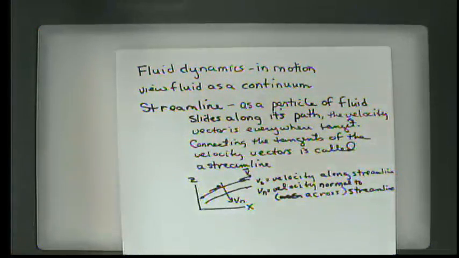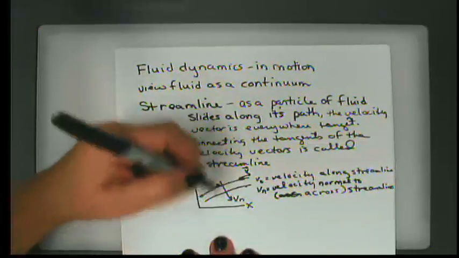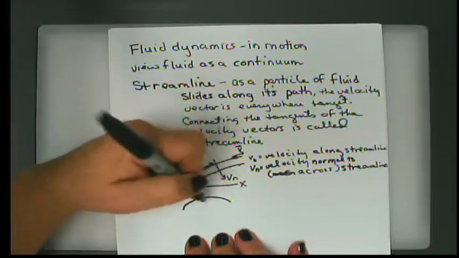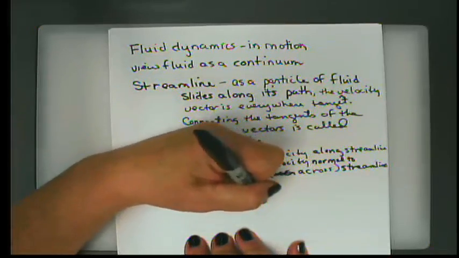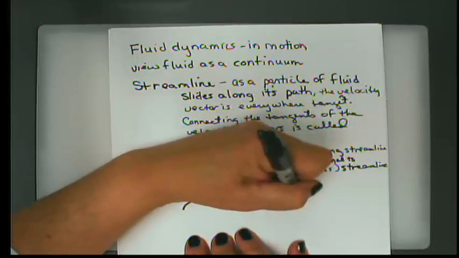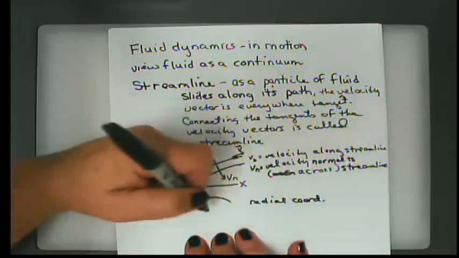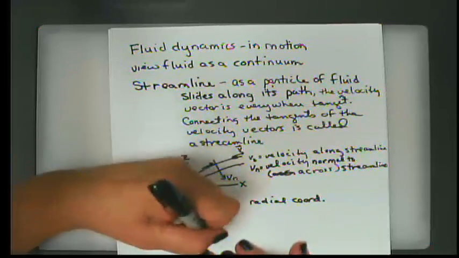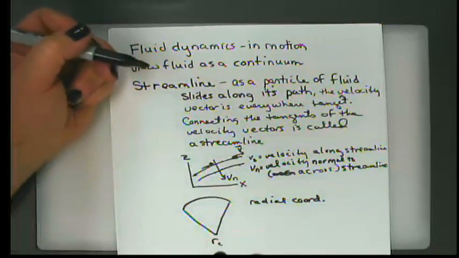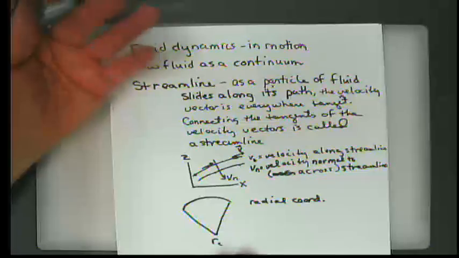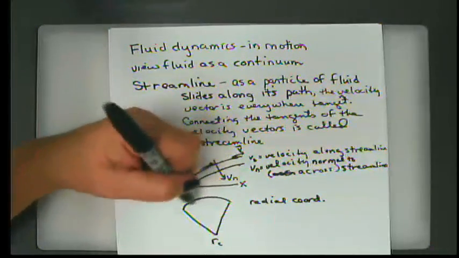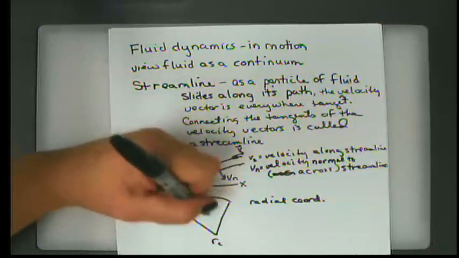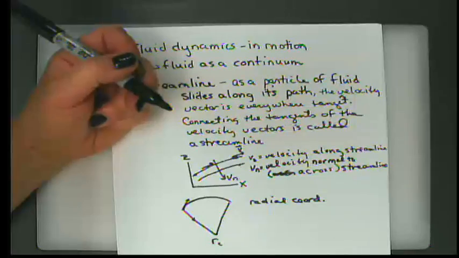Do you remember from physics or dynamics when we talked about radial coordinates? We talked about a radius of curvature of a path that an object took, and we had a velocity along that path, and also a velocity normal to that path.